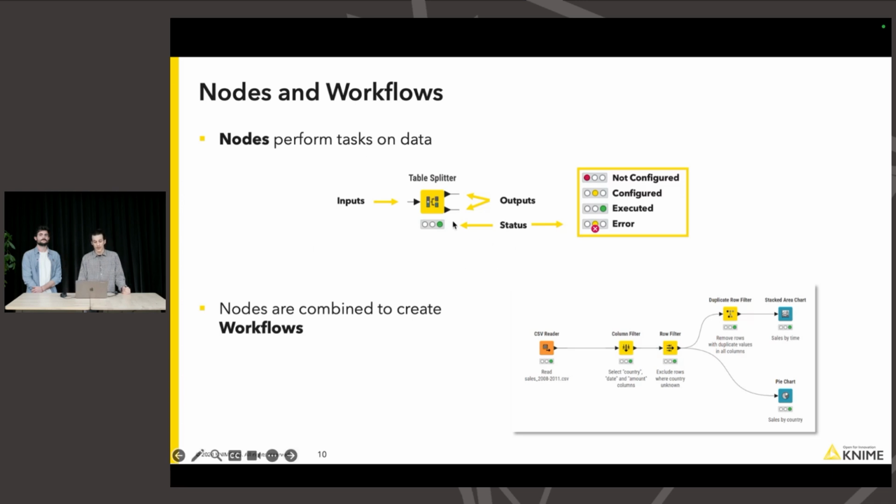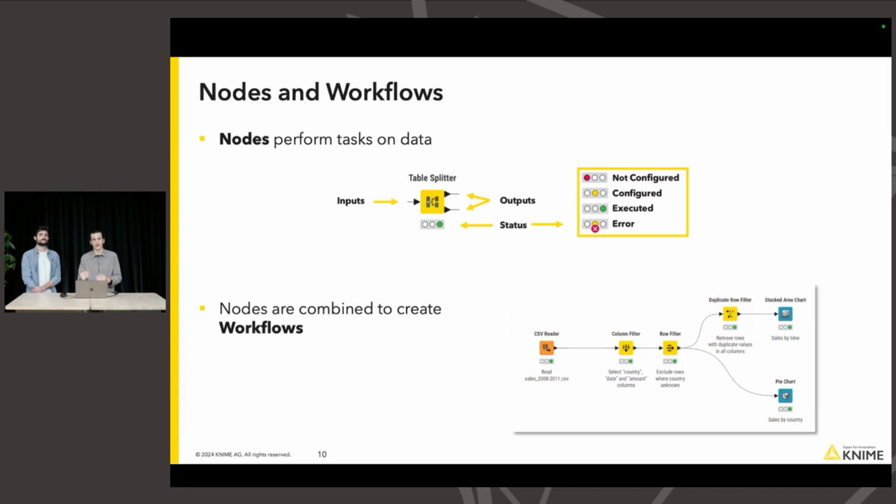On the lower part of the node, we see this traffic light, which is very informative. In fact, when we just start, the node is not configured. This means that we have not told the node what to do. We can go ahead and configure it, and then the traffic light will become yellow.